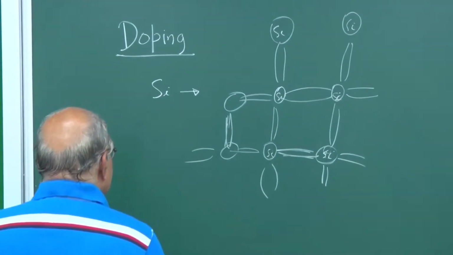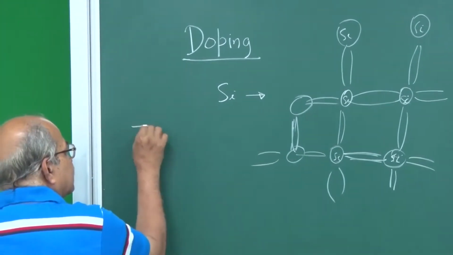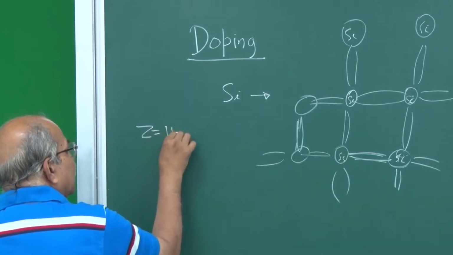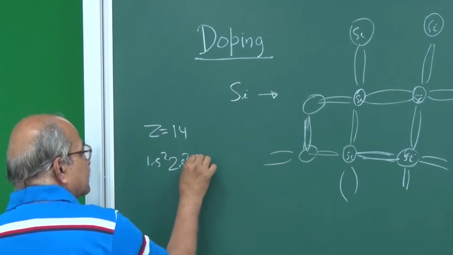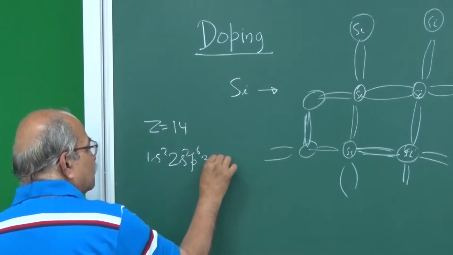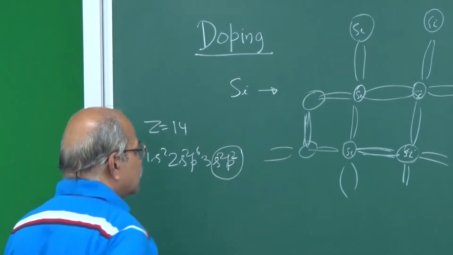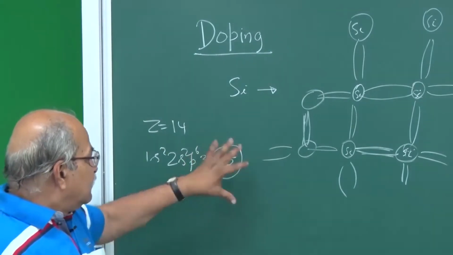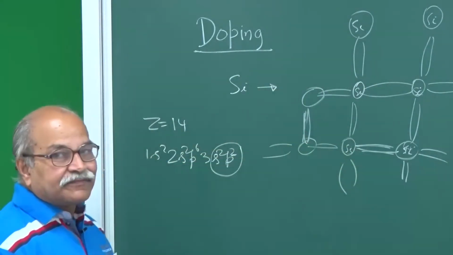The electronic configuration, with Z equal to 14, is 1s2, 2s2p6 and then 3s2p2. So these 4 electrons go into this sp3 bonding in this structure.